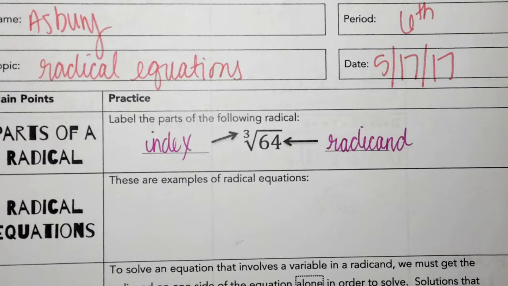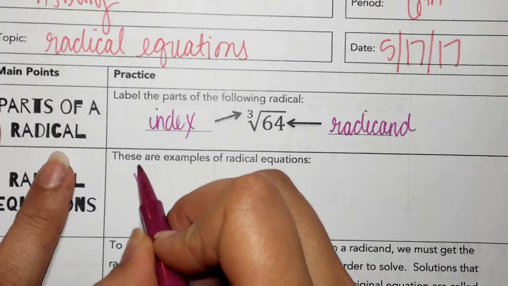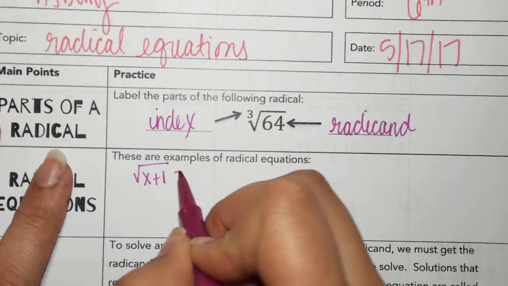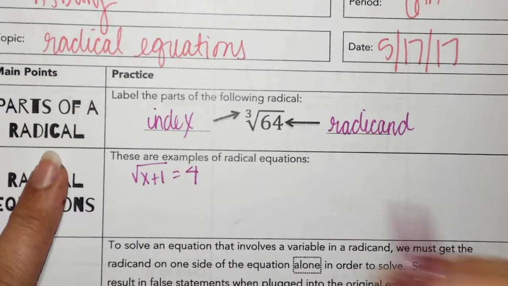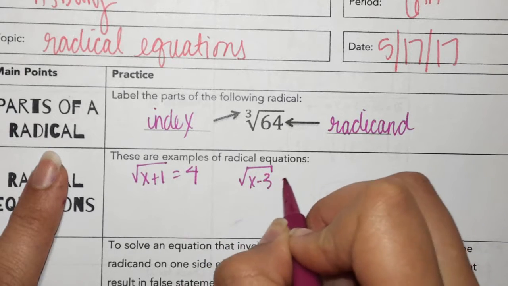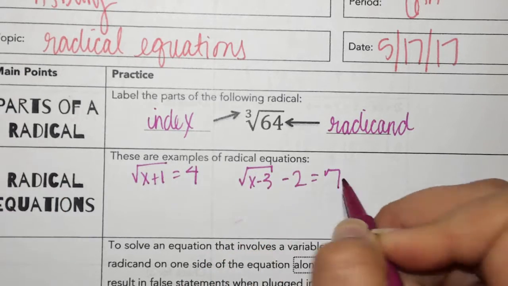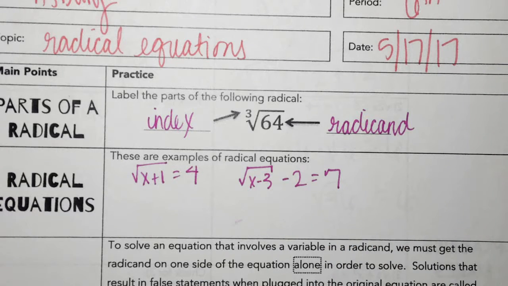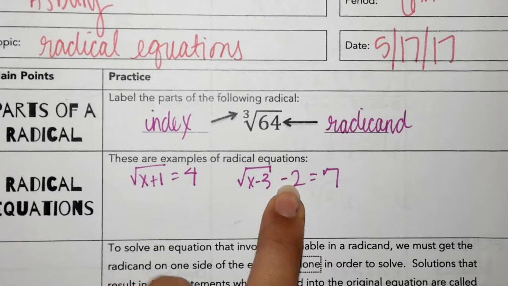So today what we're going to be doing is radical equations. Now, a radical equation looks like the square root of x plus 1 equals 4, or the square root of x minus 3, minus 2, equals 7. So the way we would normally solve it, we would have to do the opposite. How would we get rid of a minus?